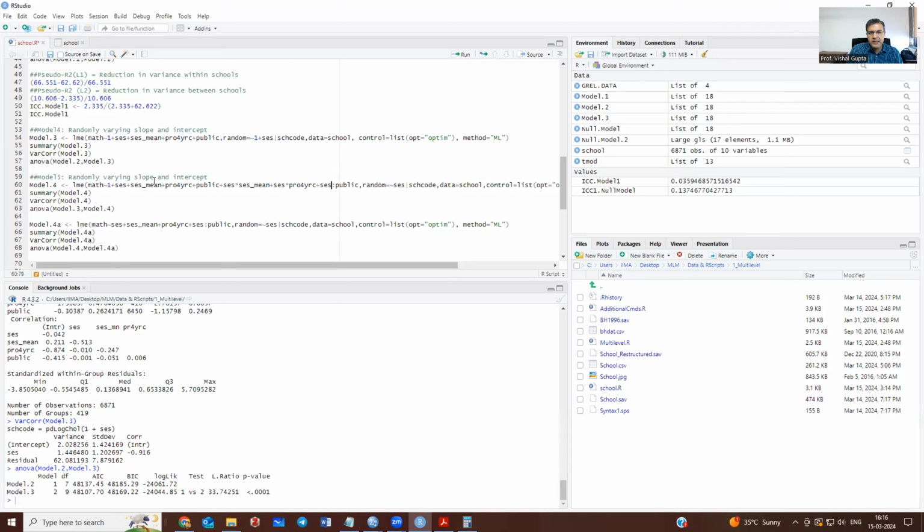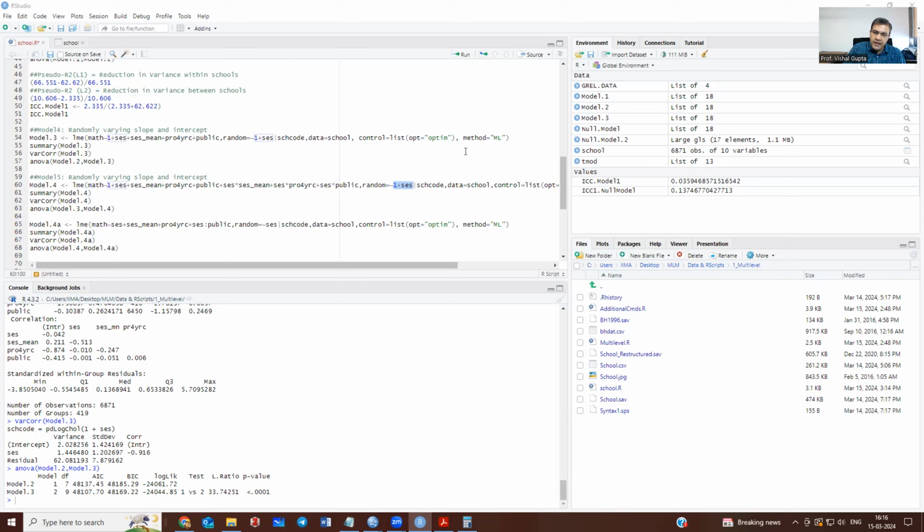And SES colon public, I am changing it to star again, you can leave it at colon, that is also fine. And you see random is equal to tilde, I have not written 1, but it will automatically understand that this is 1 plus SES. It will automatically understand that there will be a random intercept.